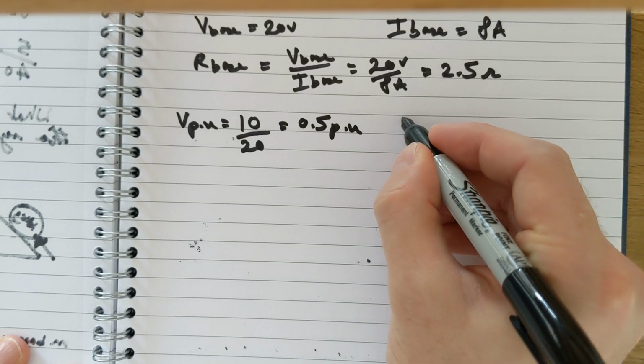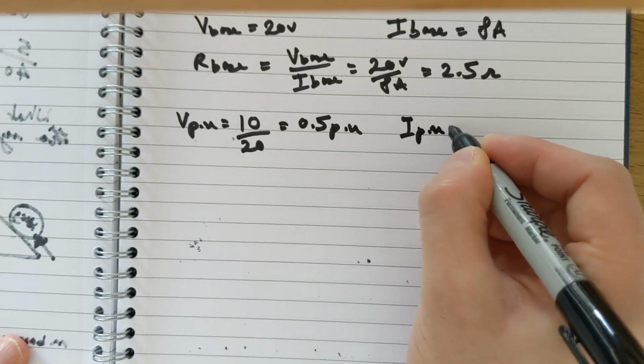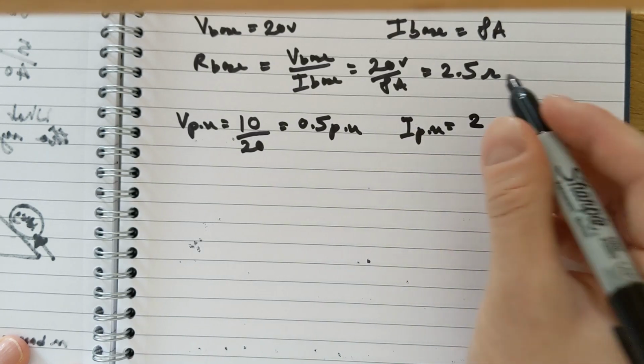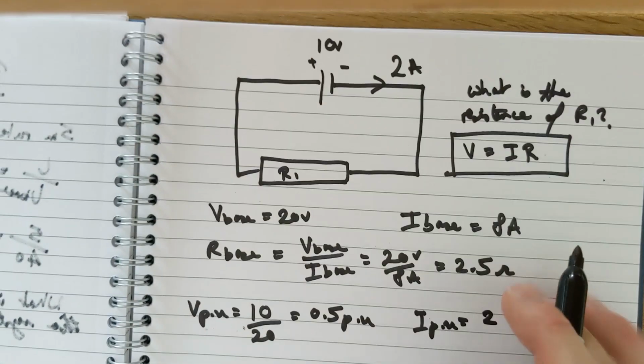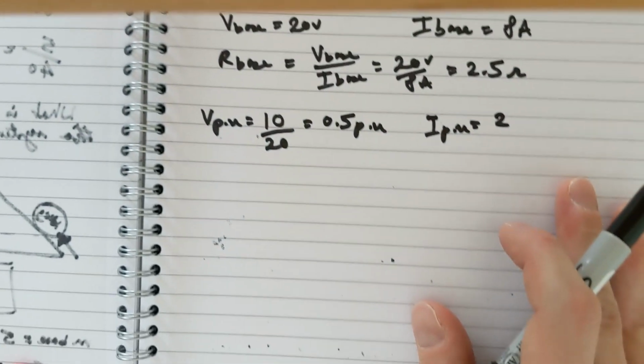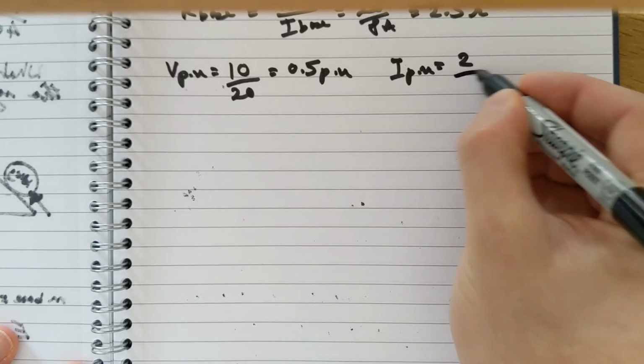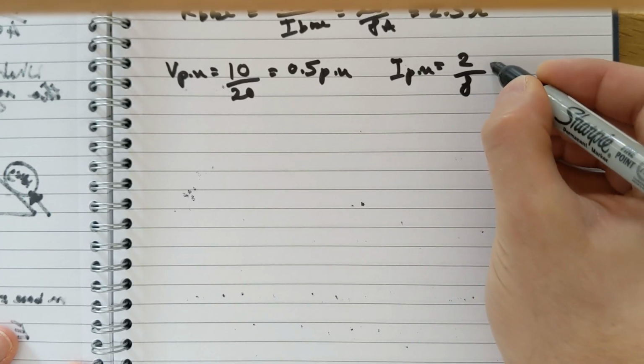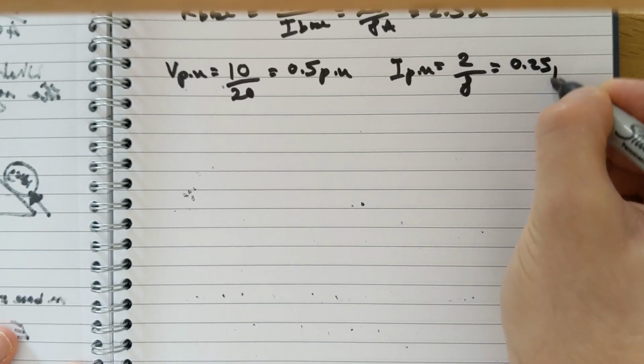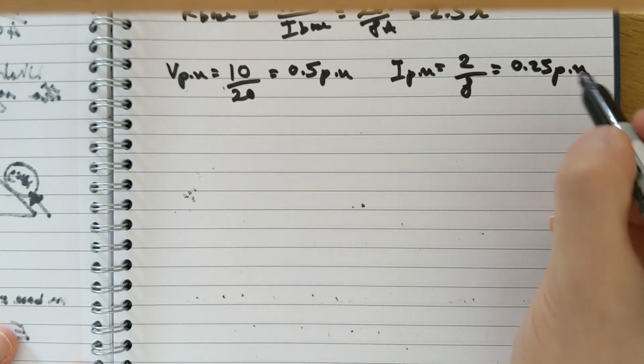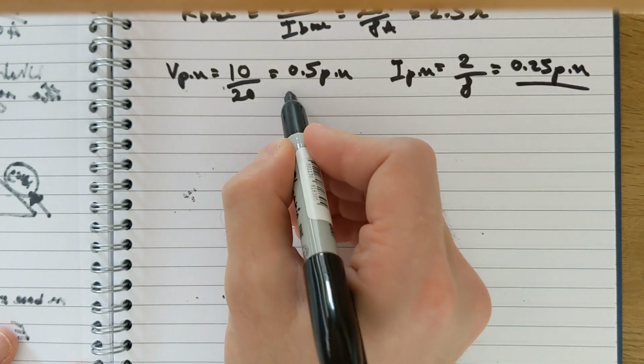Then our current in per unit is 2 divided by our base, which is 8, and that is 0.25 per unit. So that's our current and our voltage in per unit.